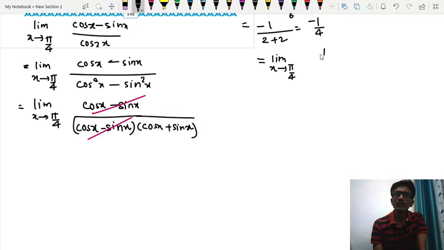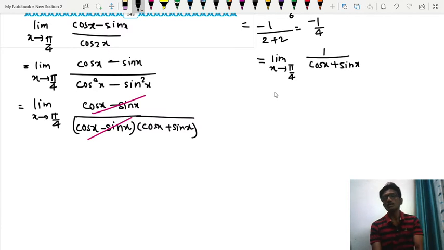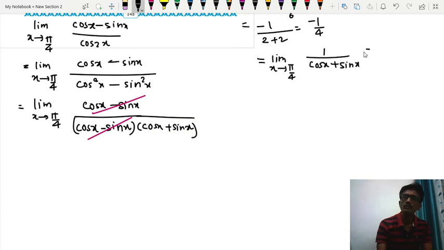1 upon cos x plus sin x. You know cos of pi by 4 is 1 by root 2, and sin of pi by 4 is also 1 by root 2.